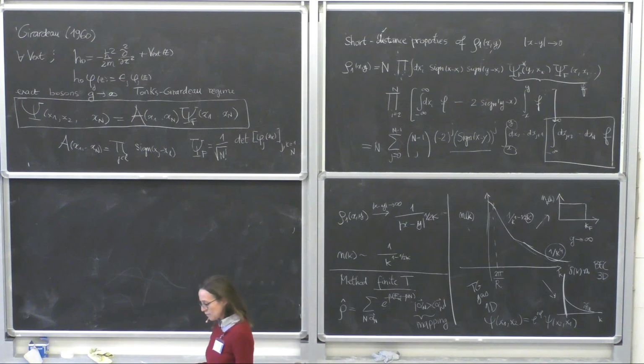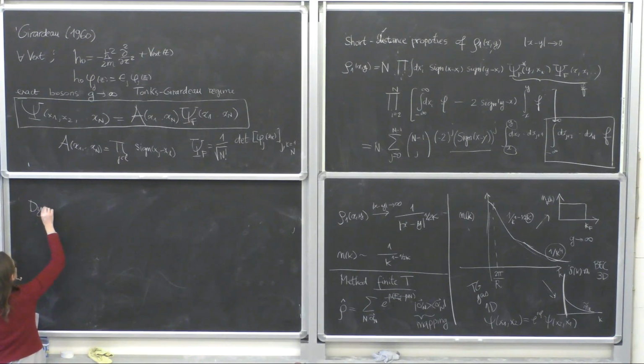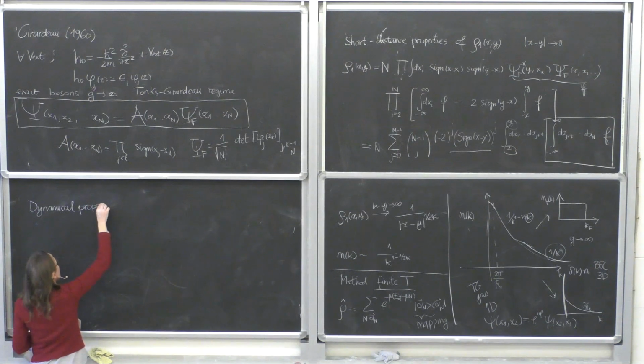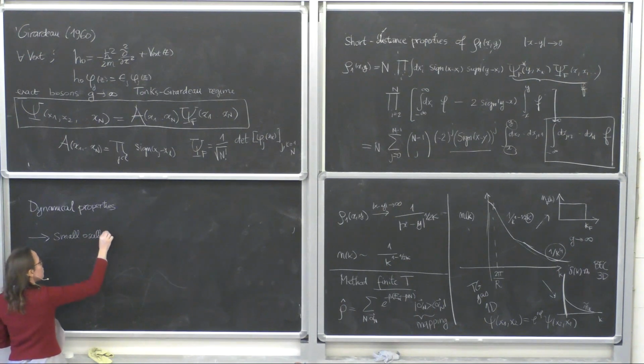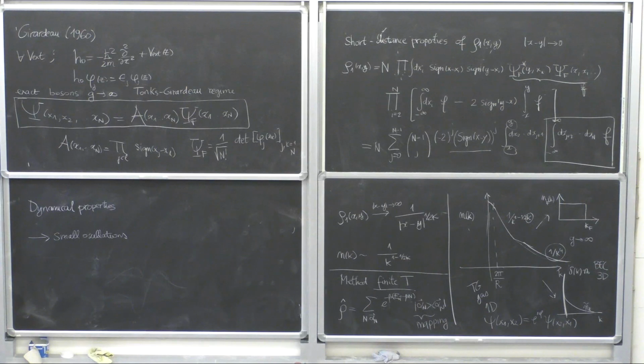And so we can do two types of dynamics. First of all, you can study the small oscillations. For example, you can perturb weakly the system and see how it reacts.